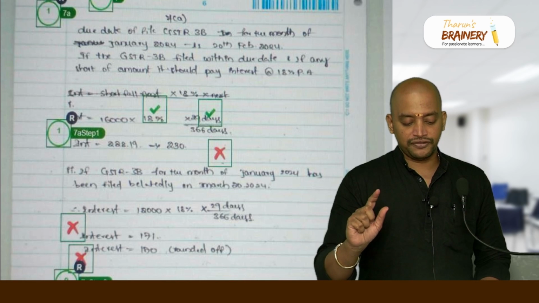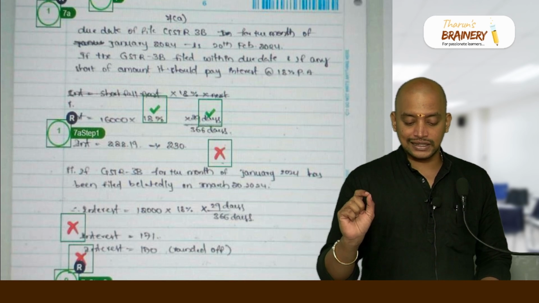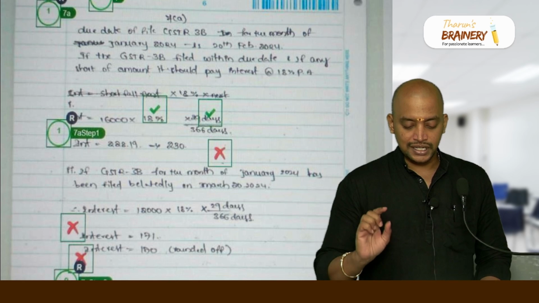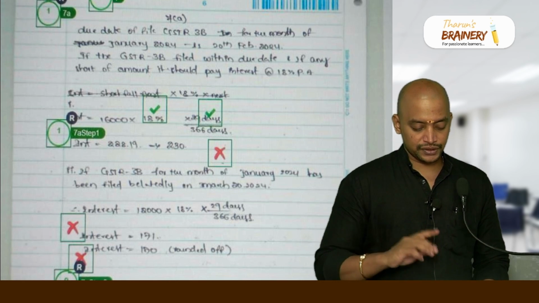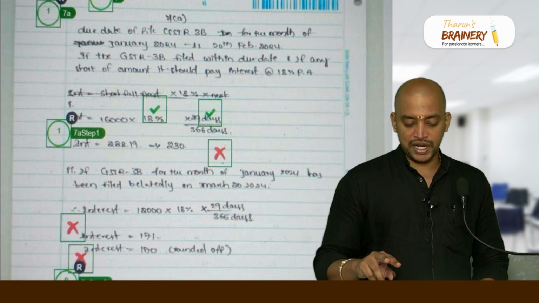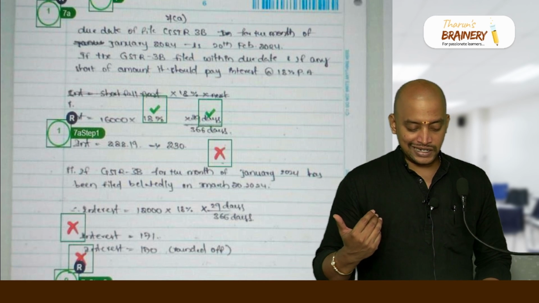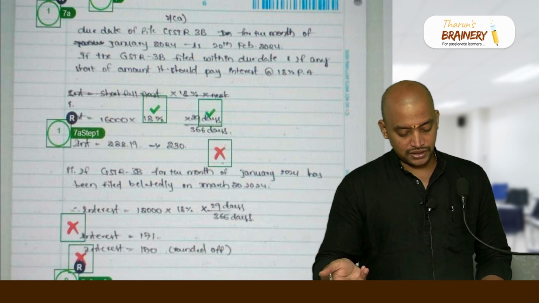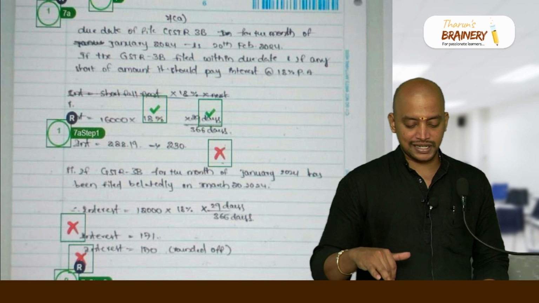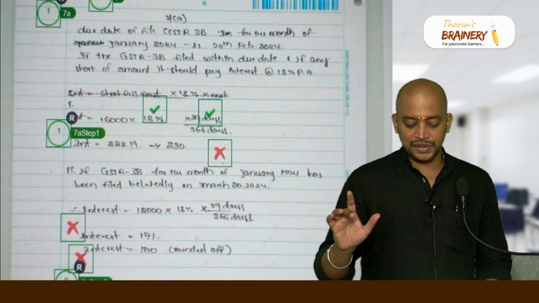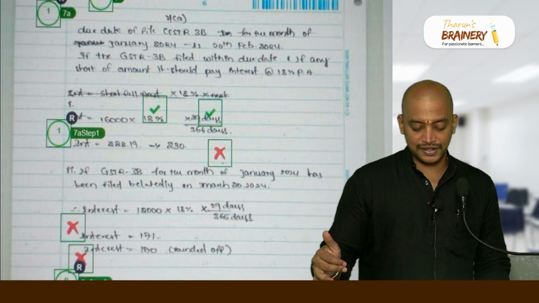Due date of filing GSTR 3B for the month of January 2024 is 20th February 2024. If the GSTR 3B is filed within the due date and there is any short amount, it should pay interest at 18% per annum. So interest: 16,000 into 18% into 29 by 366.